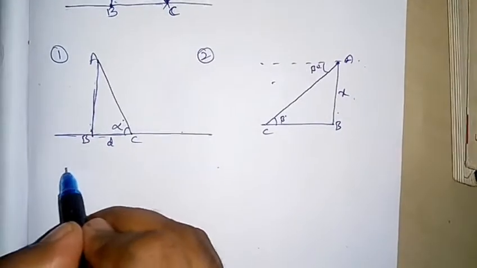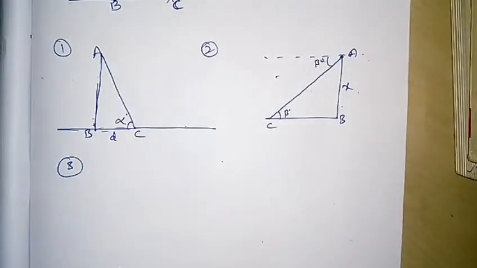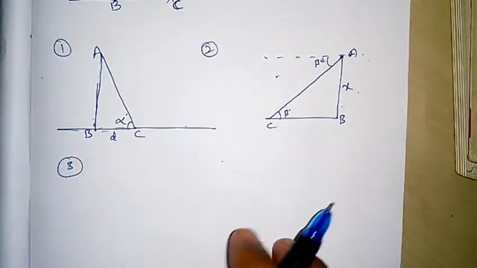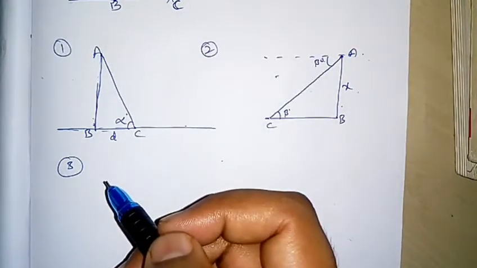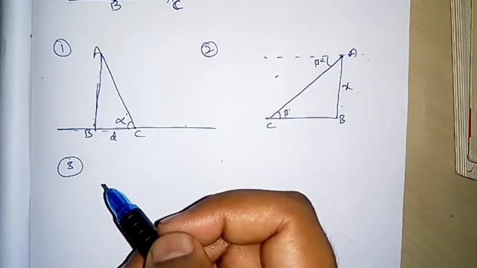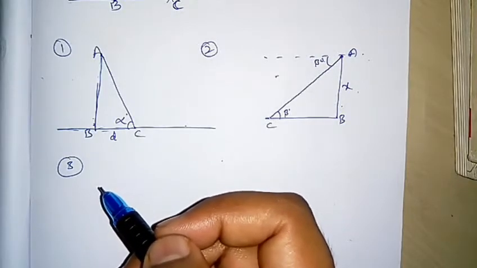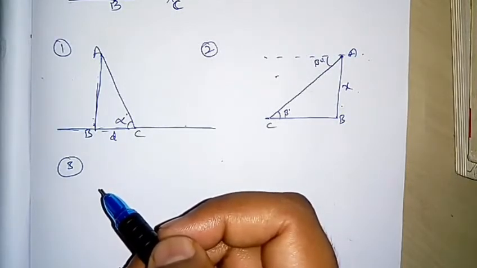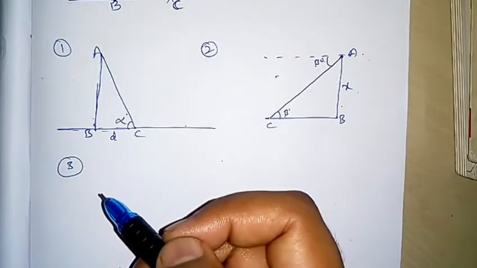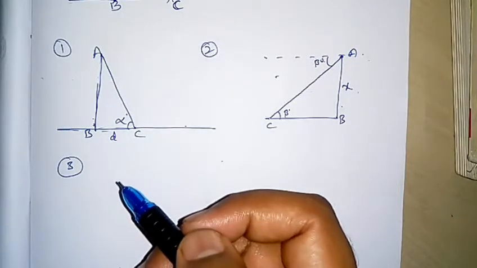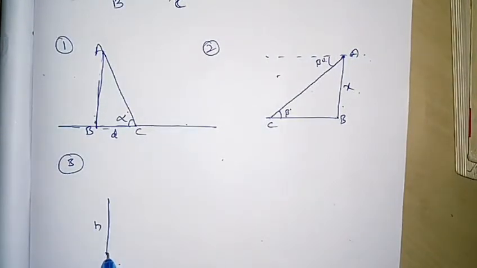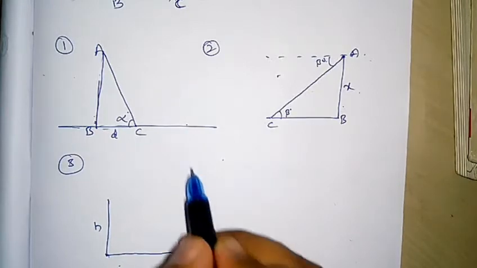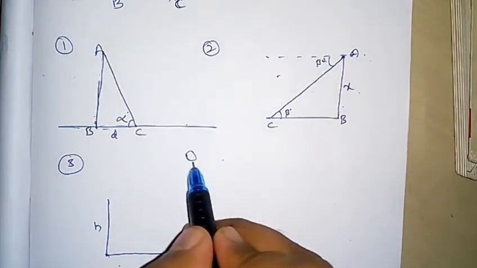Third question: a large balloon has been tied with a rope and it is floating in the air. A person has observed the balloon from the top of a building at an angle of elevation of theta 1 and the foot of the rope at an angle of depression of theta 2. The height of the building is h feet. Draw the diagram for this data. So you are standing on a building of height h and a balloon is tied to the ground.